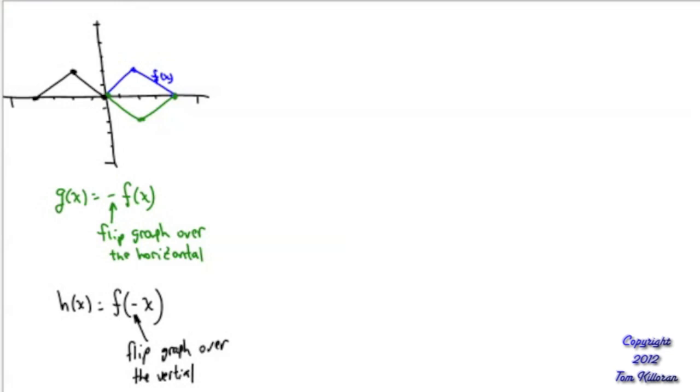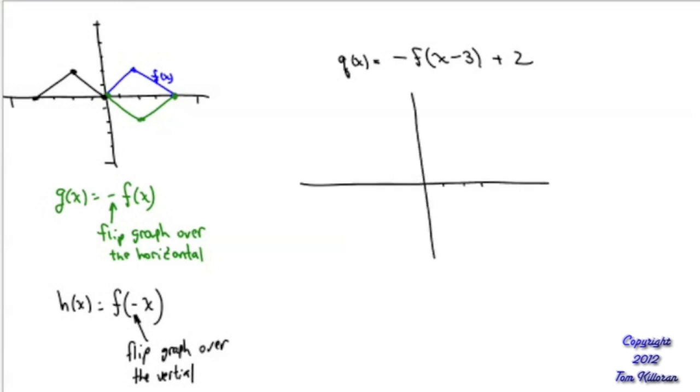So what if I have q of x equal to negative f of x minus 3 plus 2? Now we're doing everything to it. The original graph, that blue one, has 0, 0, 2, 2, 4, 0. And I want to do this to it. This will explain why I call it horizontal and vertical instead of x and y axis.